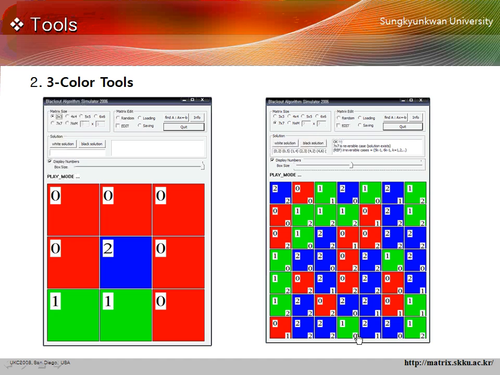We also generalized this blackout game to not only 2 colors. It also generalized to 3-color games, 3-color programs. The algorithm was the same, but the only difference is we used mod 3 arithmetic instead of mod 2. The same algorithm works.